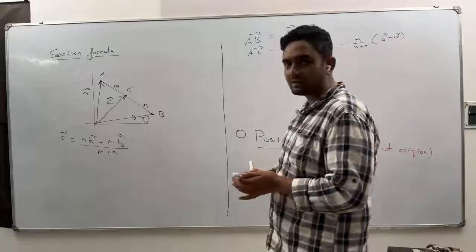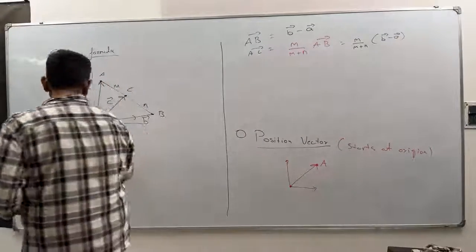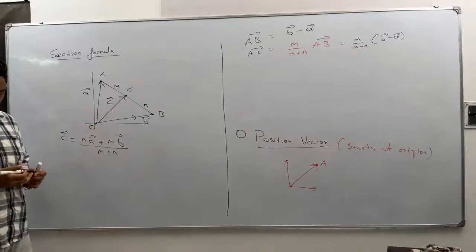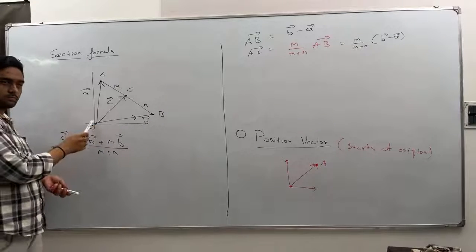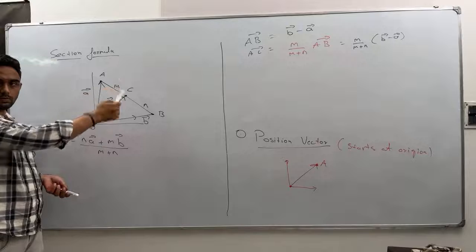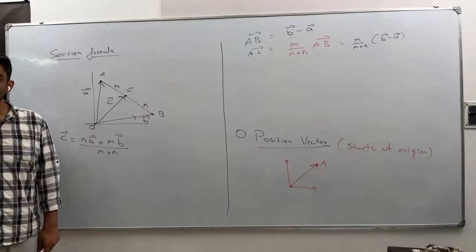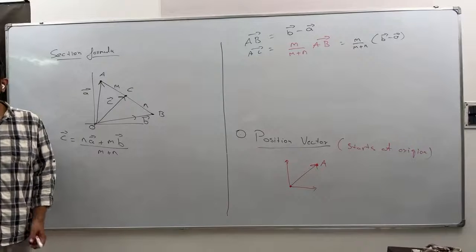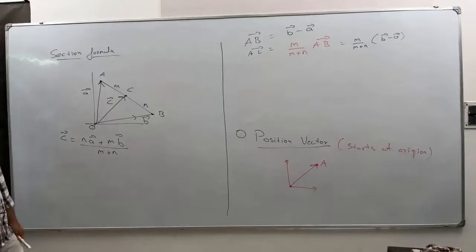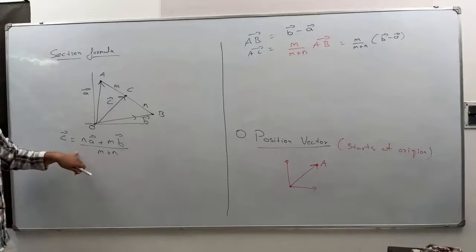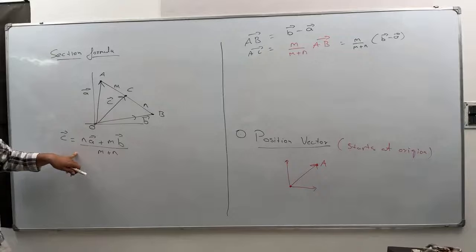Now look at the triangle OAC. In this triangle OAC, can I use the triangle law of vector addition and find out what will be OC? OC will be this. This is what we have to prove.